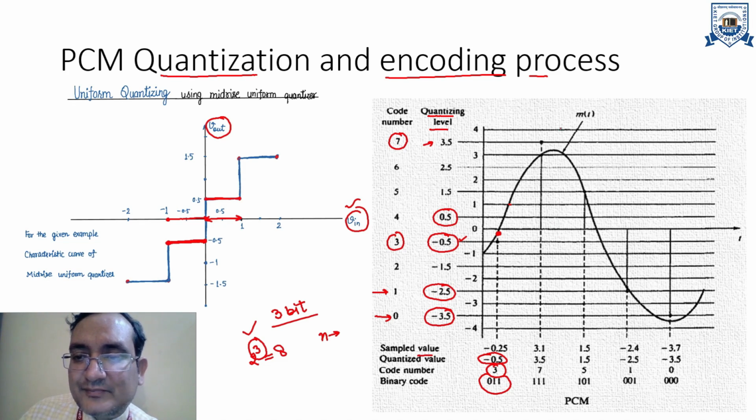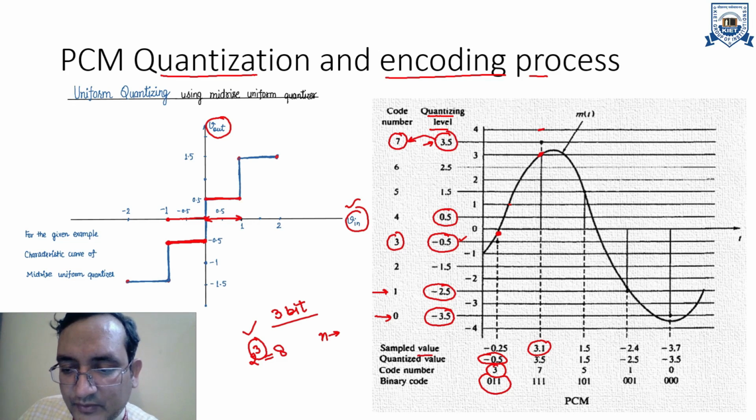Similarly, another sample is this value, which is 3.1. Now 3.1 lies between 3 and 4. So whatever the value between 3 and 4, it will be quantized to 3.5, whose code is 7. So 3.5 is our quantized value and 7 is our code.